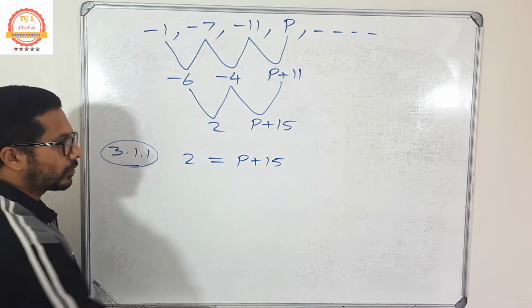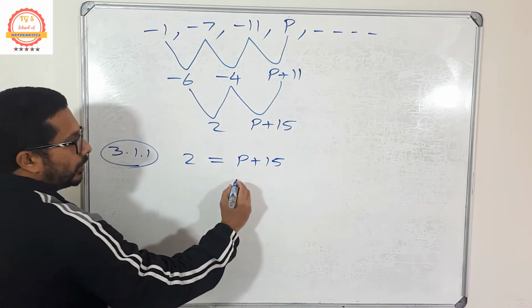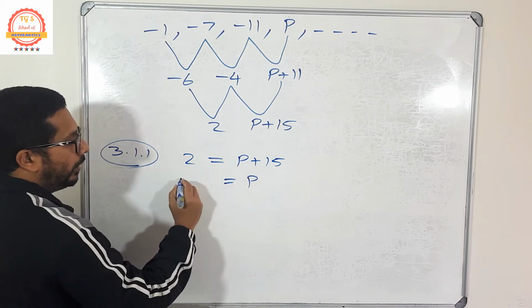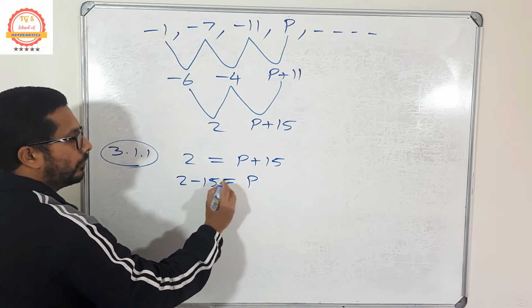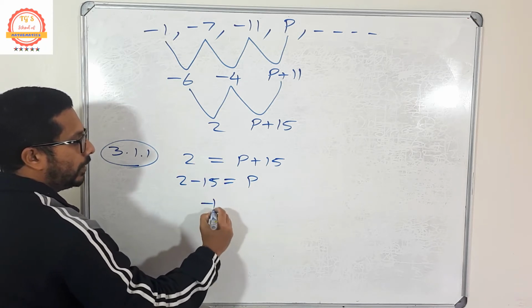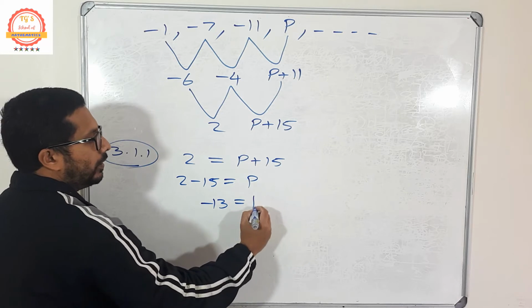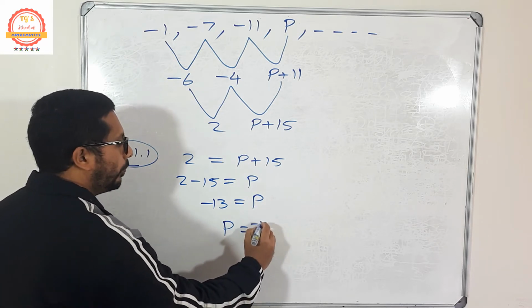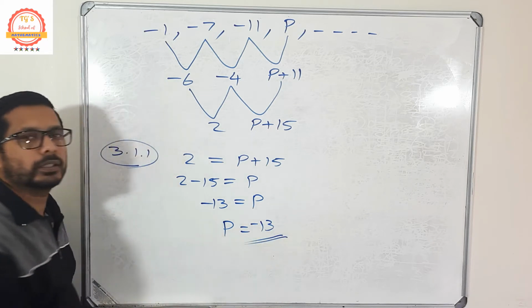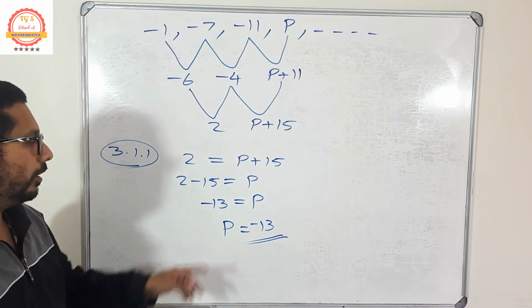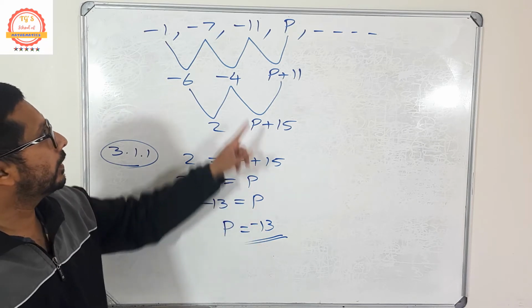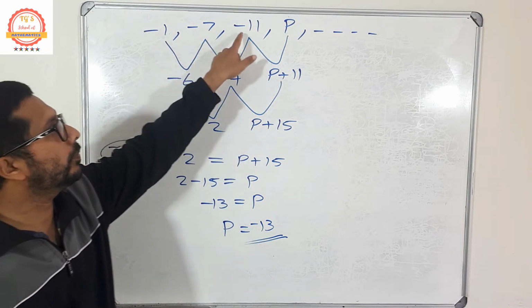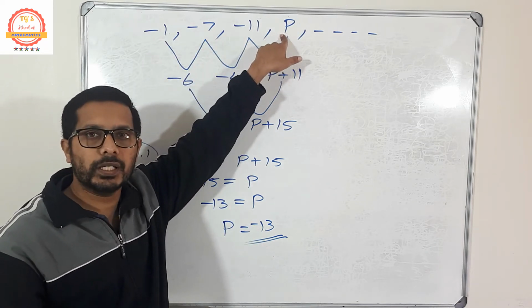Take this 15 to this side: p is equal to 2 minus 15, so p is -13. That means -1, -7, -11, and the next one is -13.